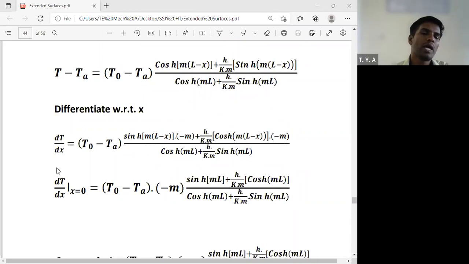Okay, so this is the value of dt by dx at x is equal to 0.